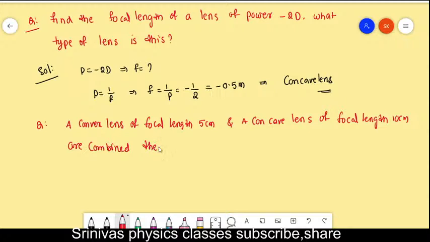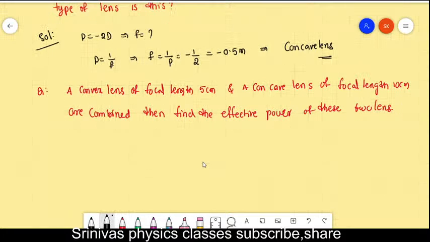Then find the effective power of these two lenses. Okay, effective power we have to find out. This is our question, last question. After this we will close.